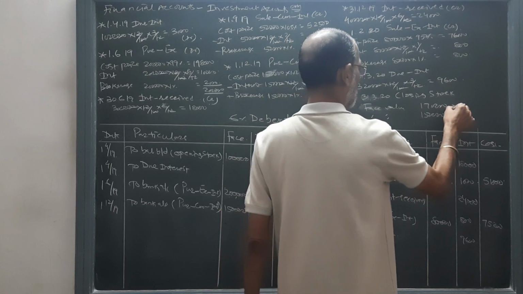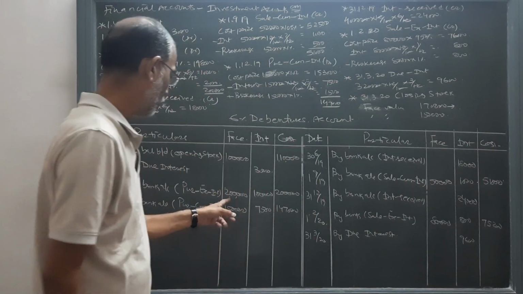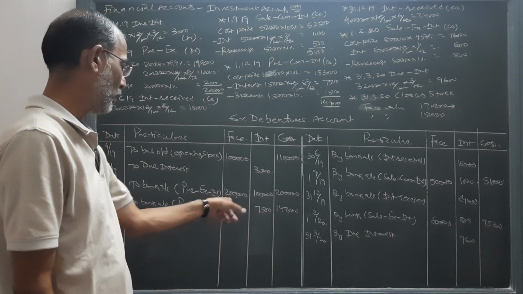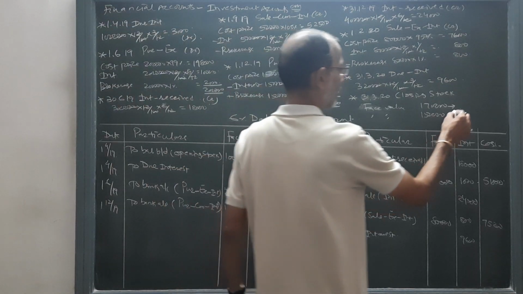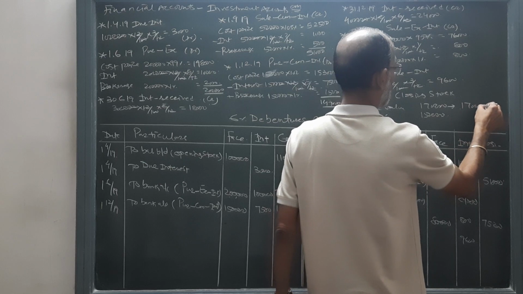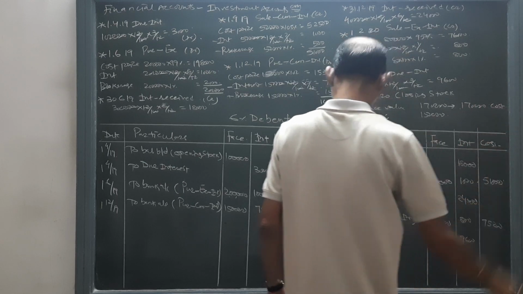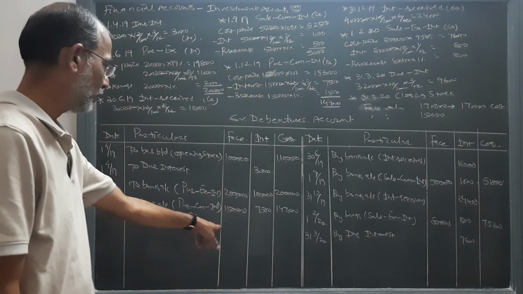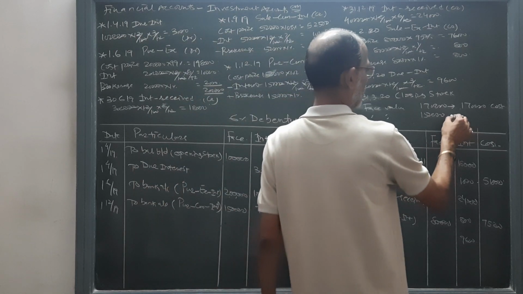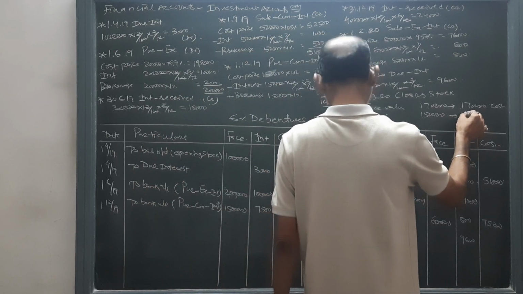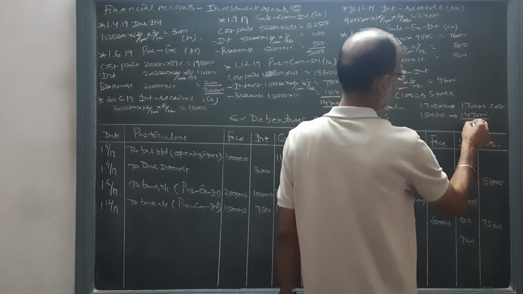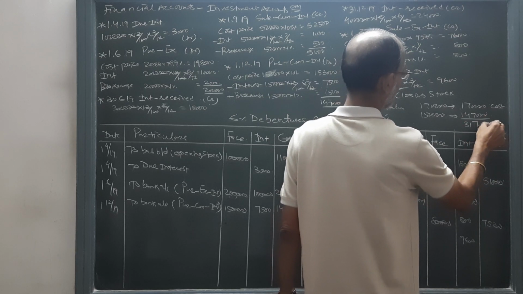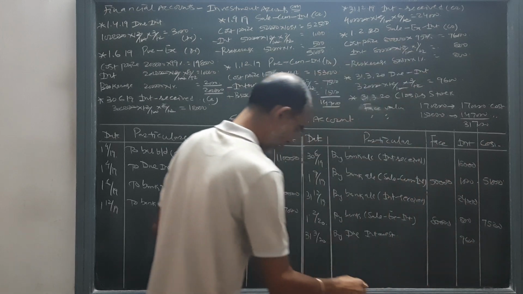Now the stock of purchase of 2 lakh had a cost of 2 lakh, so 170 will have a cost of 170, while the cost of 150 is 1 lakh 47,000. So the value of closing stock will be 3 lakh 17,000.